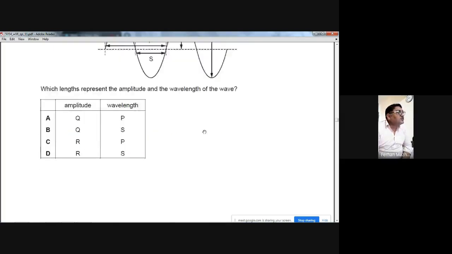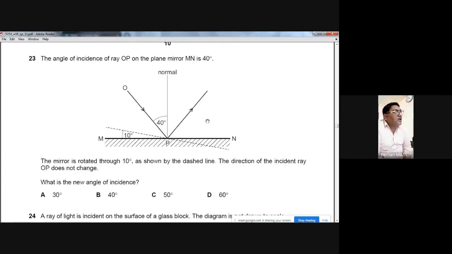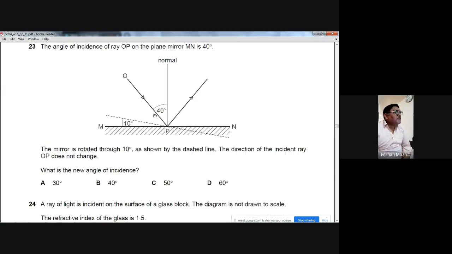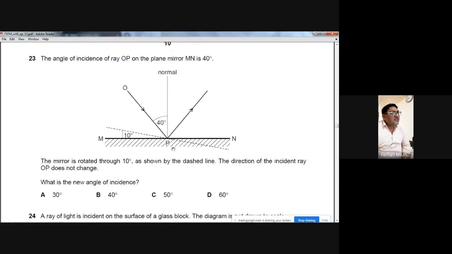The next question, question number 23. The angle of incidence of ray OP on the plane mirror MN is 40 degrees. The mirror is rotated through 10 degrees clockwise about the dashed line. The direction of the incident ray OP does not change. You see, it's a little complicated.